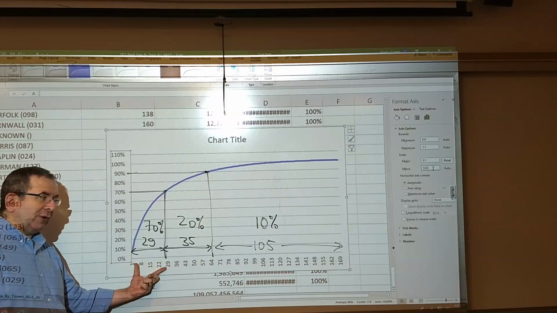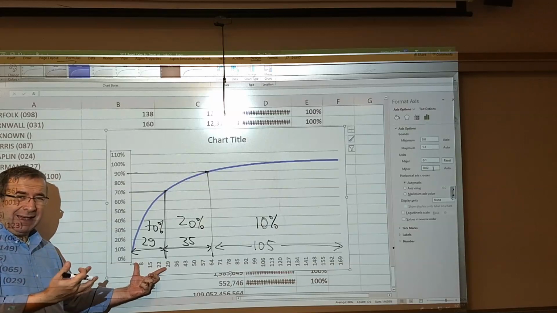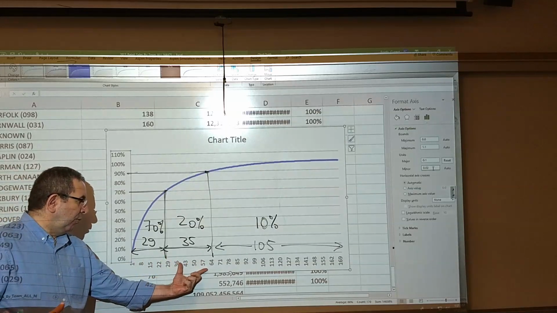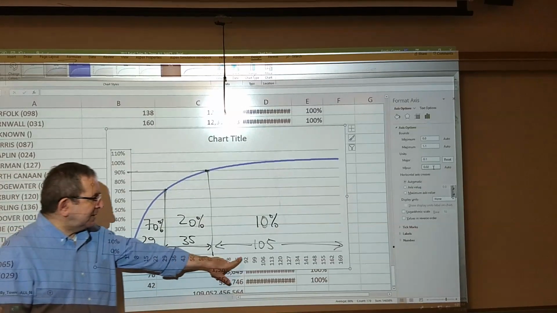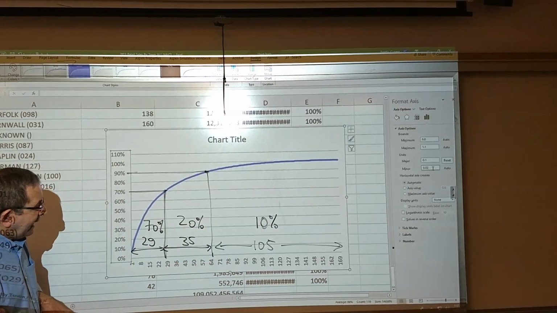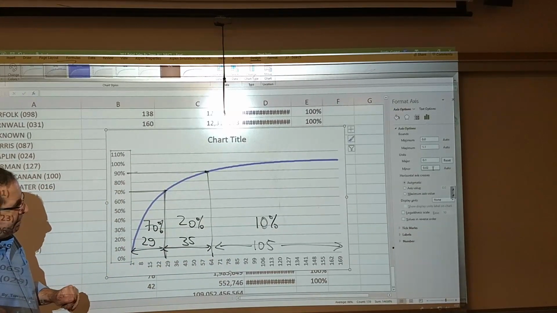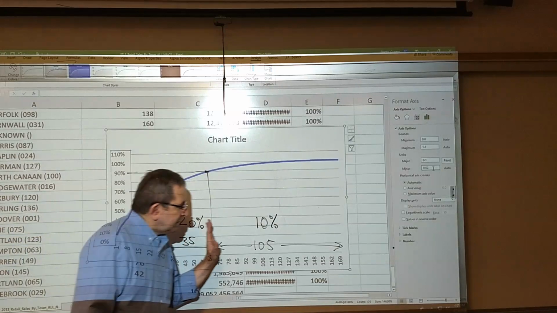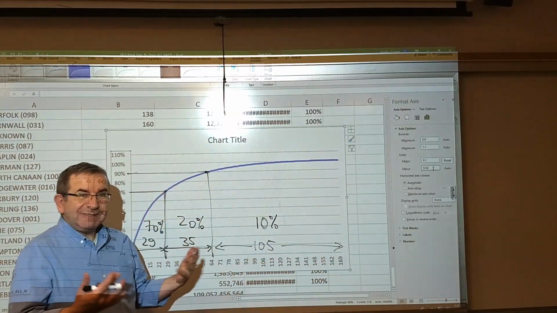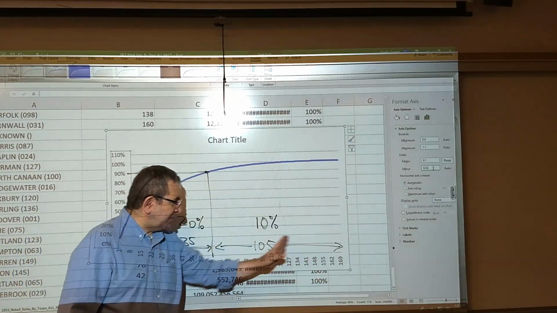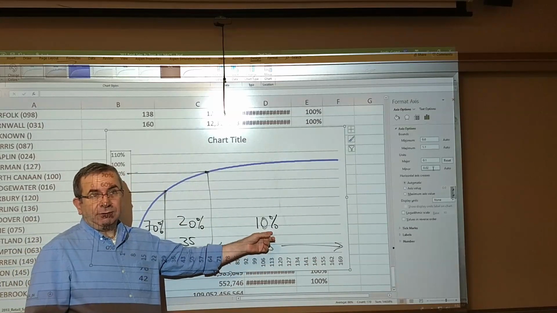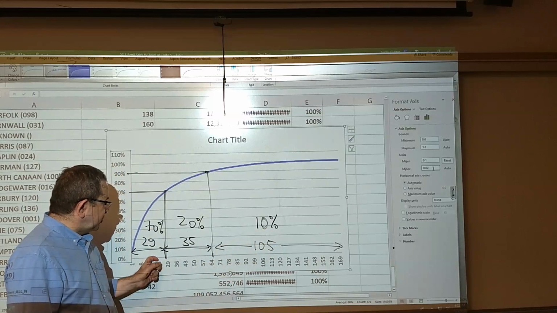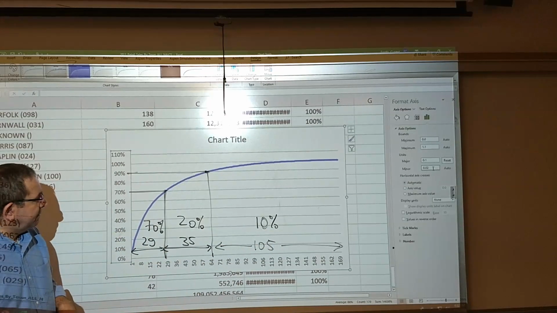So these will be your A municipalities or A items, and then you'll have B municipalities, C municipalities. And if you just didn't tax any of these counties, you would only lose 10% of your revenues. So these are the most important municipalities.